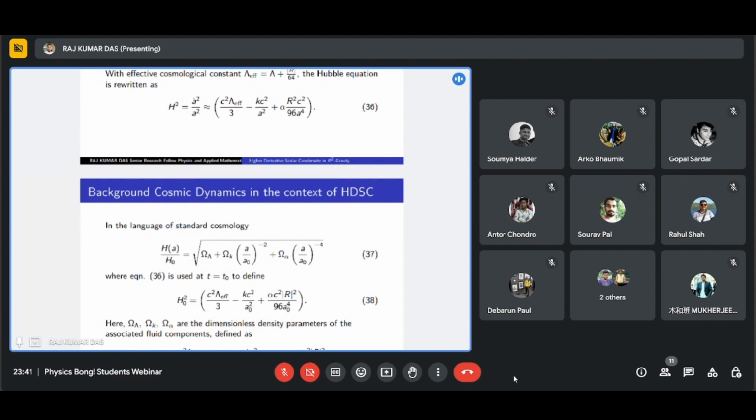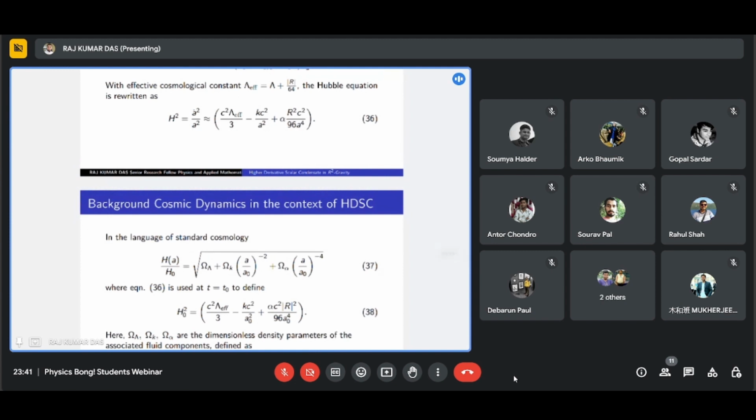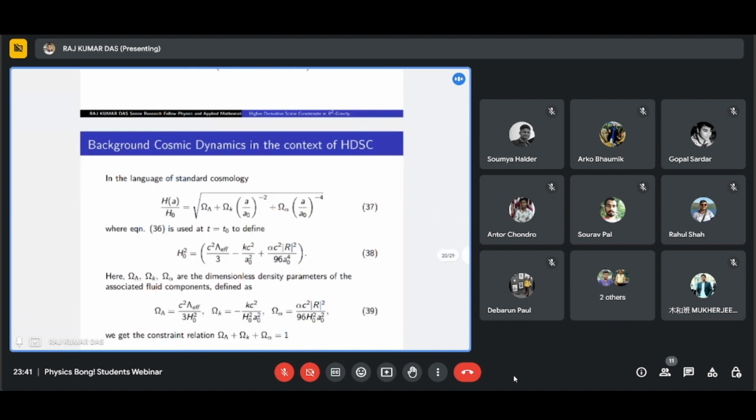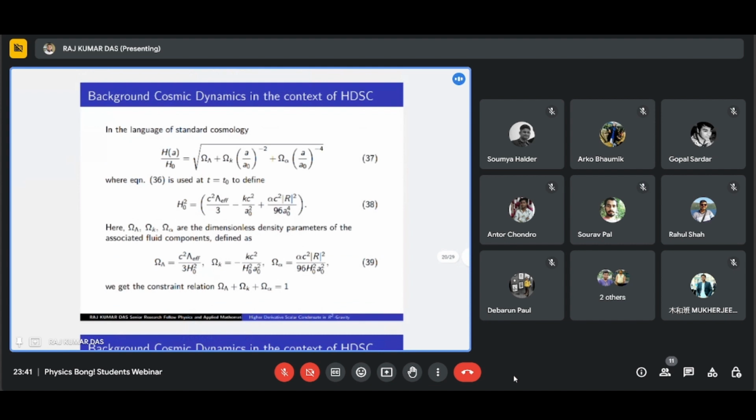So if time crystal or time crystal-like fluids are present in the universe, it can mimic a radiation part in the universe. In basic cosmology, this is called the density parameter. It is defined as the ratio of the density of a particular component of the universe to the critical density.